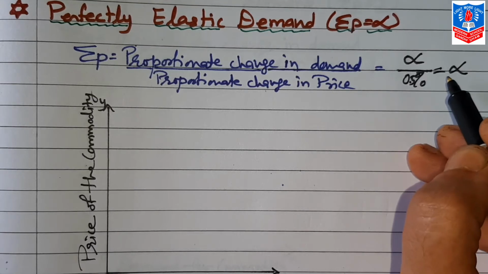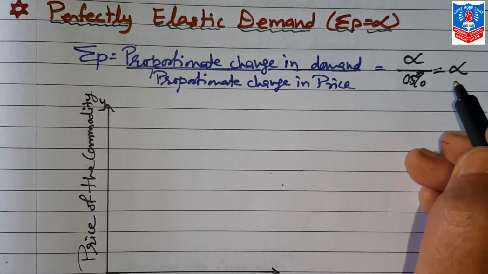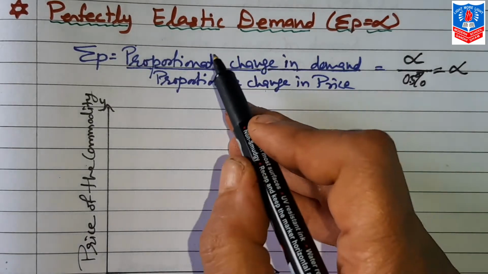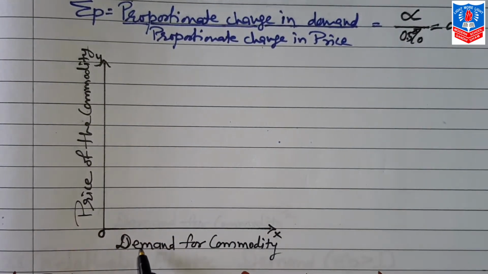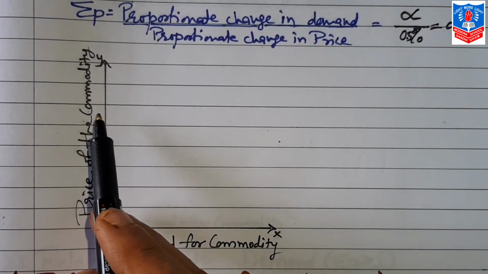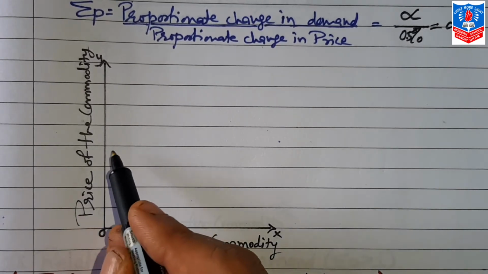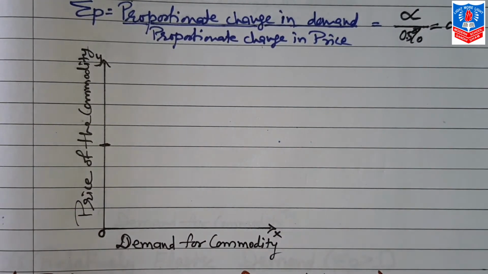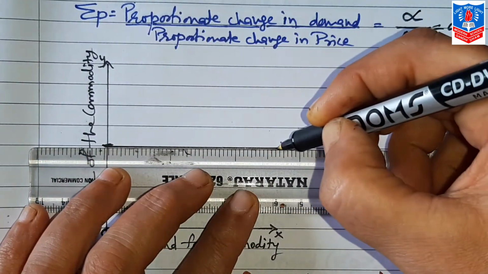Let me tell you, this type of perfectly elastic demand you don't find practically in the market. But from a theoretical point of view, we should know what perfectly elastic demand is. Now this we show on the diagram. Here you can see on the x-axis I have taken demand, and on the y-axis the price of the commodity. Because of a little change in the price, the demand for this commodity goes infinite.